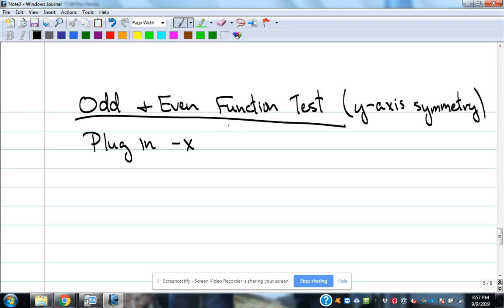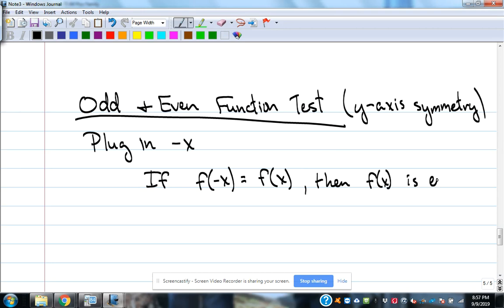The difference is what you get back. If it's symmetric with the y-axis, then you've got to get the original back. So if f of negative x is equal to the original f of x, then f of x is even.